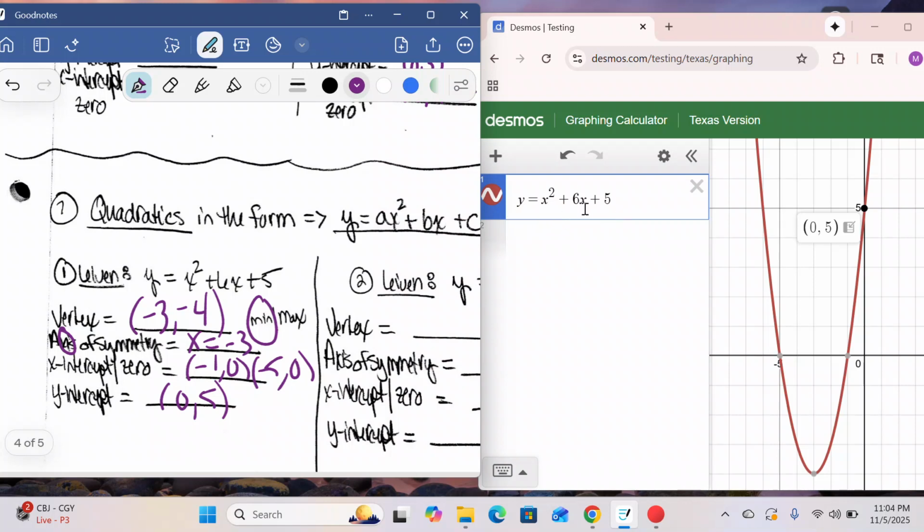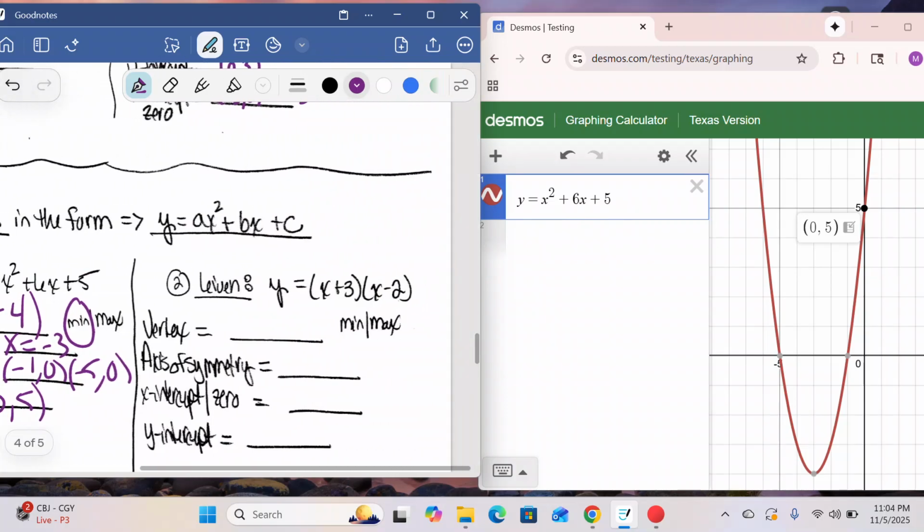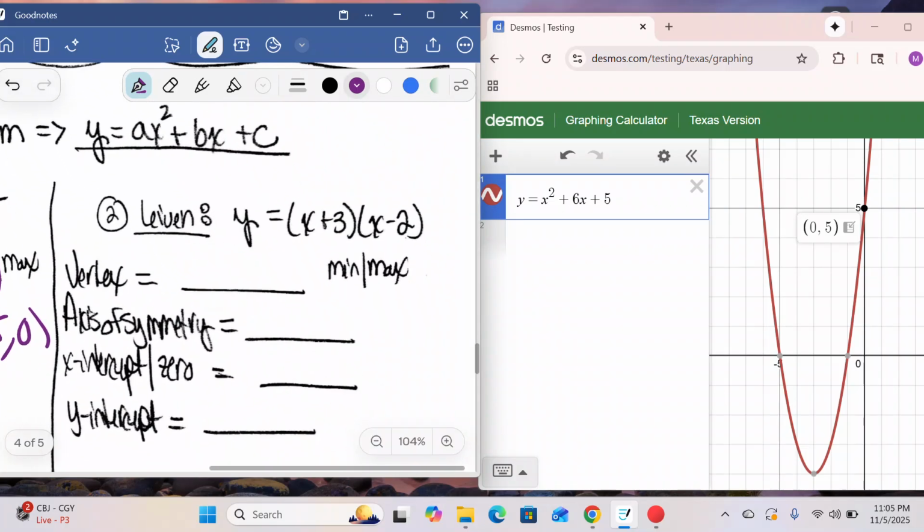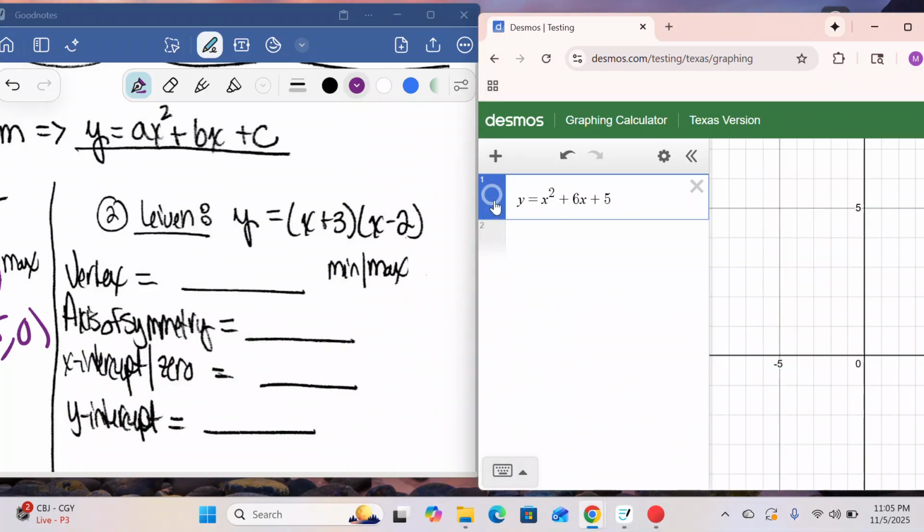If I don't want to use this equation and I want to get on to my next one, which is even more complicated, but it's as easy as learning how to input, then I can leave it there. Let's say I want to check back on it and see what happened, if it translated, if it rotated, if it churned. All I have to do is unclick it, and there it is. So I'm going to go ahead and input this. I'm not going to put y equals, even though you can.